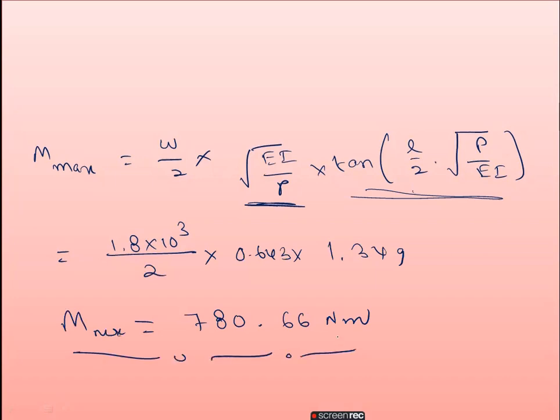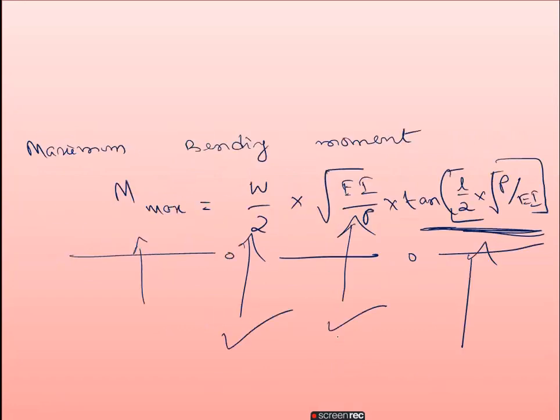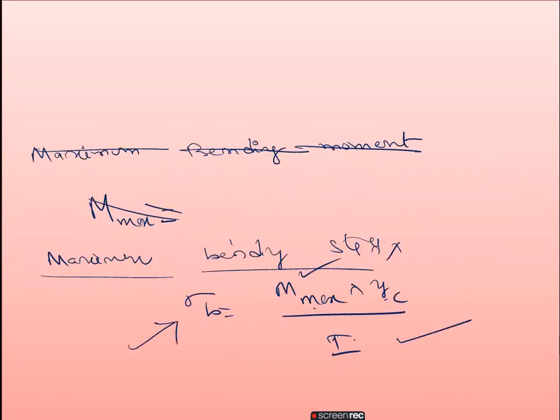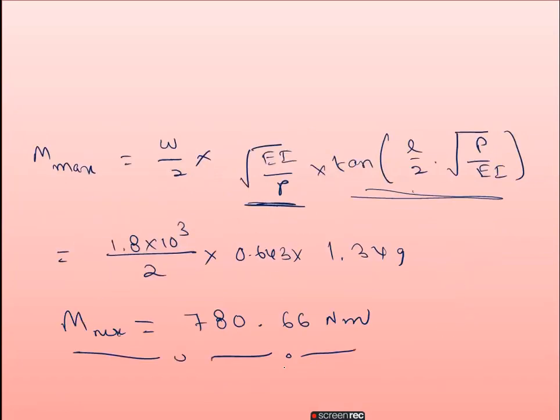Now if you go to the sigma B formula, the maximum bending stress formula is M max into yc by I. We got M max, the value is 780.66 Newton meter. Now I will substitute into the sigma B formula. Sigma B is nothing but the maximum bending stress.